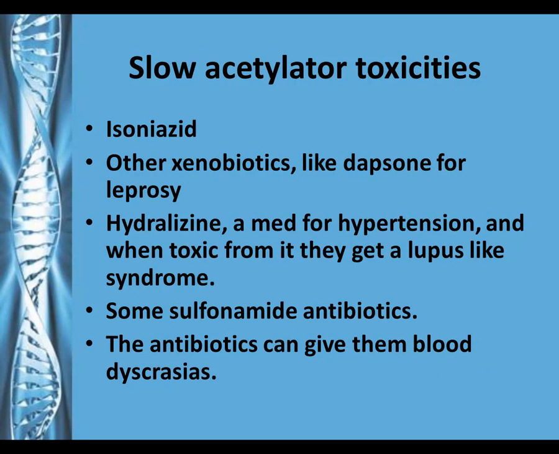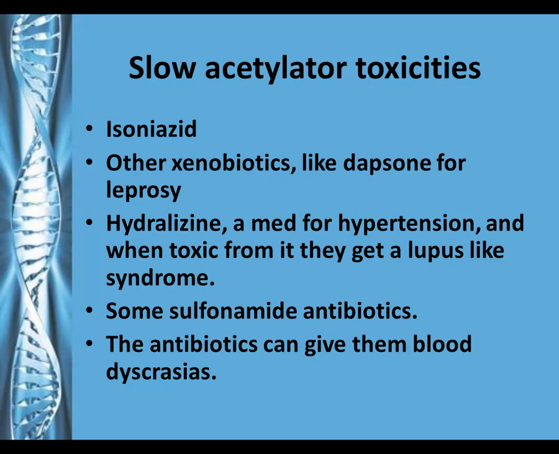So, slow acetylator toxicities. One specifically we just talked about was isoniazid that is used for TB. There's another drug, hydralazine, which is a med used for hypertension. When patients are toxic on hydralazine, they can develop a systemic lupus-like syndrome.